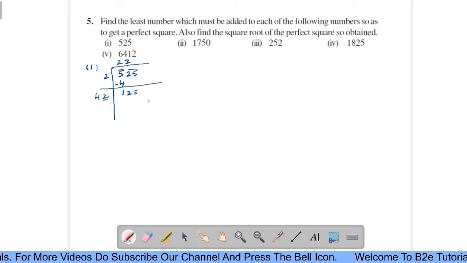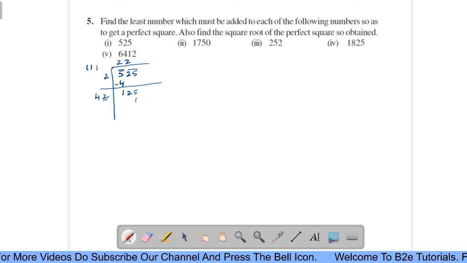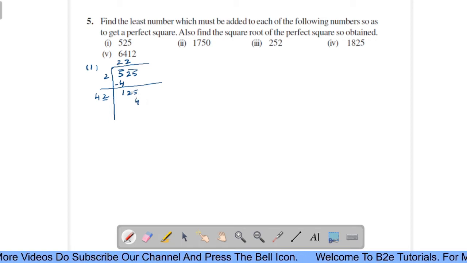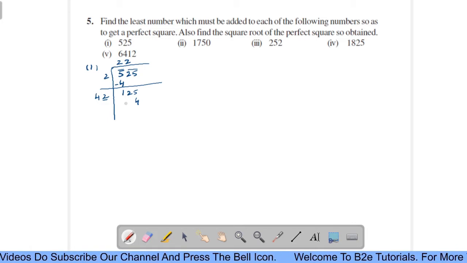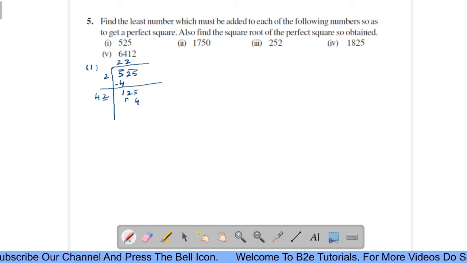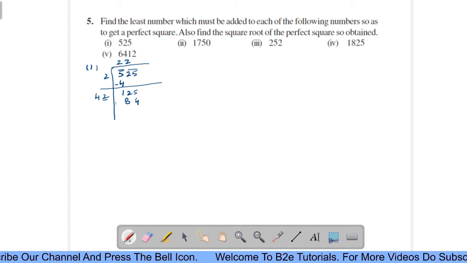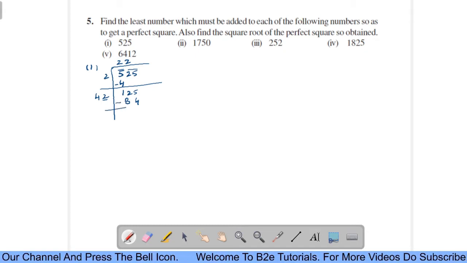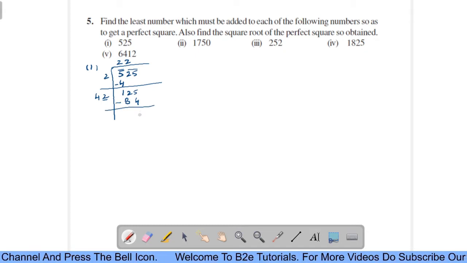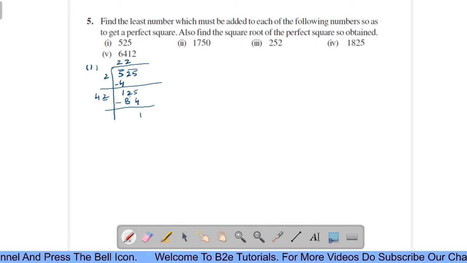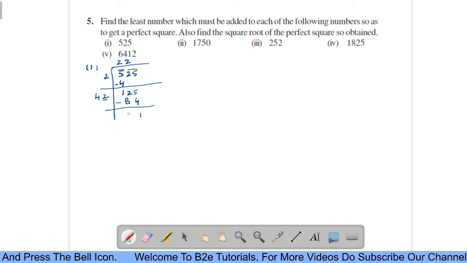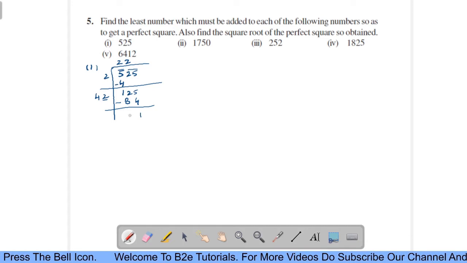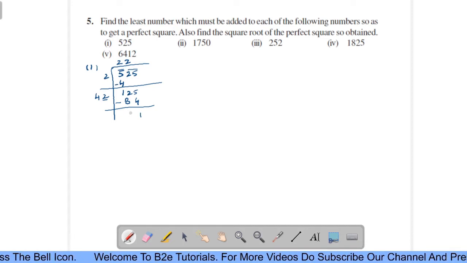Multiply this: 2 times 4 is 8. Now subtract it. 5 minus 4, it is 1, and 12 minus 8, it is 4.